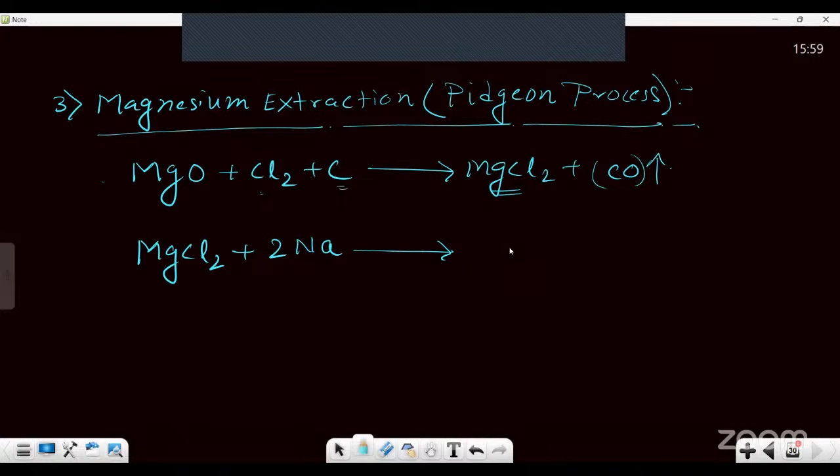This titanium chloride we treated with magnesium, because magnesium has higher affinity. Now, here, we should use something which has higher affinity towards chlorine compared to magnesium. So we will use sodium. It will form 2 NaCl plus magnesium, and we get this magnesium.